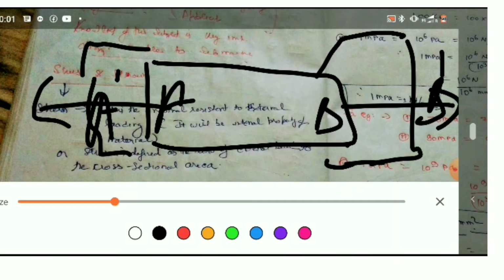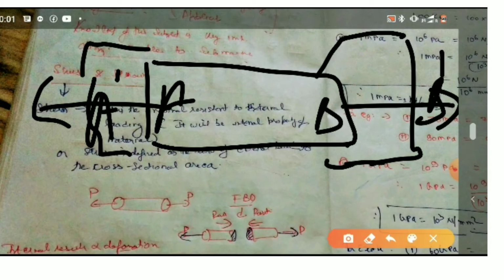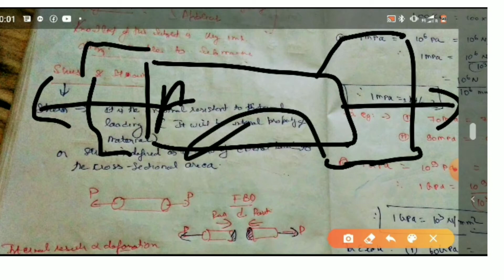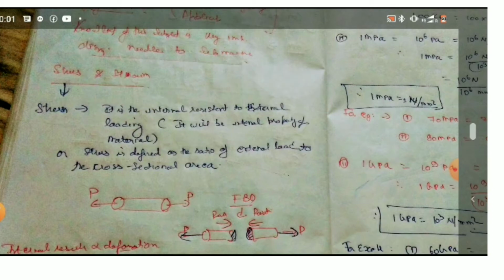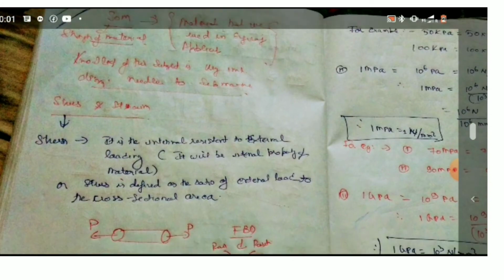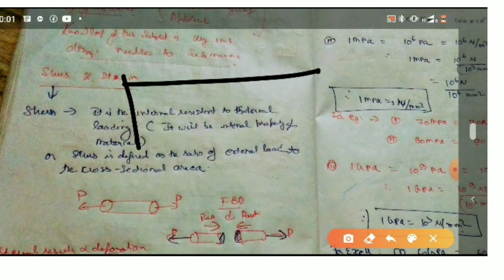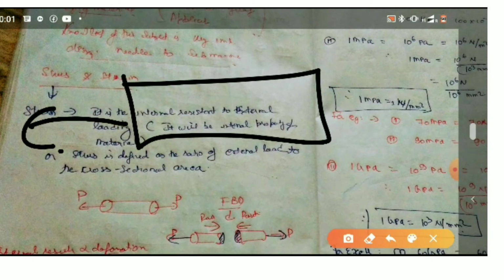Whenever an external load is applied, some internal resistance develops. Suppose this external load P is applied, then an internal resistance develops to bring the body back to its original position.